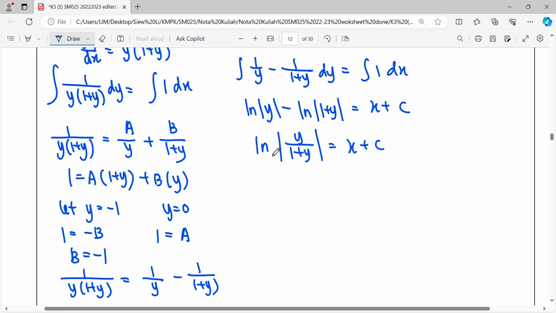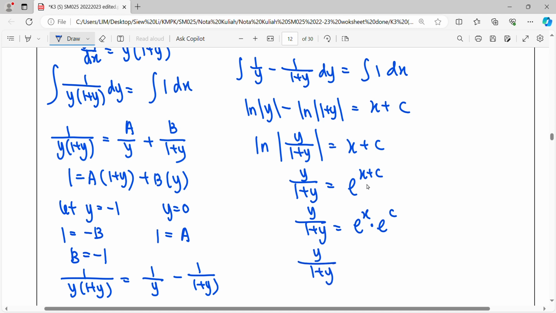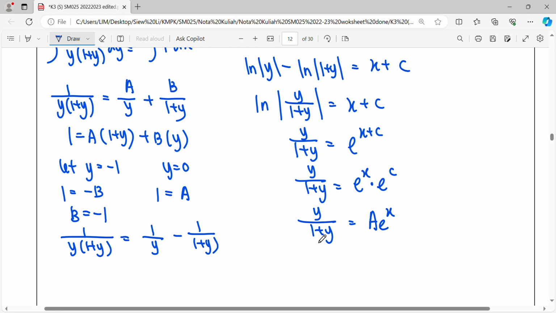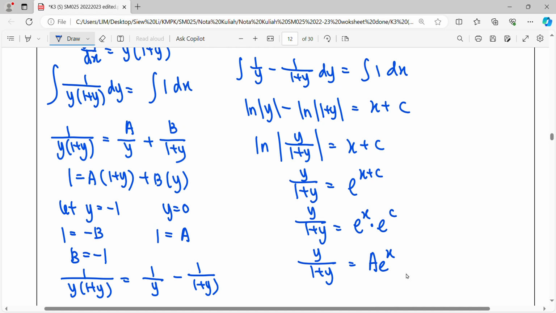The function of ln can also be simplified. We unlock it, so once we unlock it, it will be e to the power x plus c. Then we simplify it: it will be e^x times e^c, so actually it will be A e^x. We continue, multiplying this to the right hand side: y equals A e^x plus A y e^x.